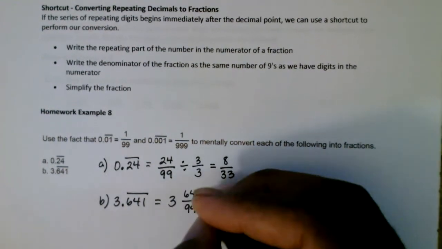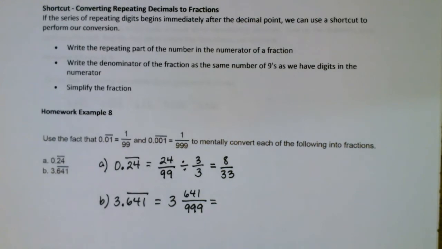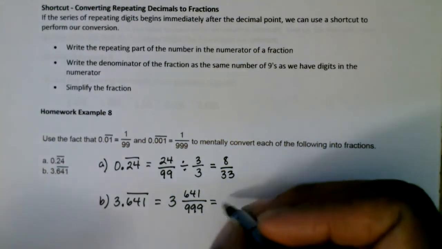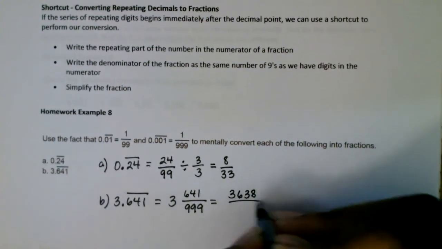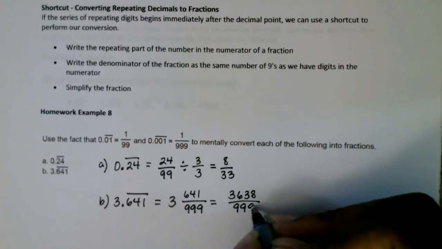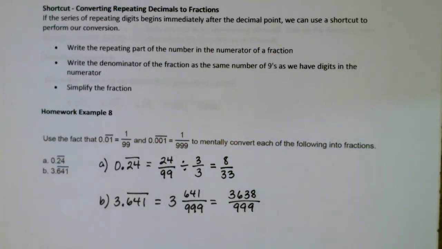Denominator times the whole number plus the numerator. 3 times 999 plus 641 would be 3,638 over that denominator of 999. Okay.